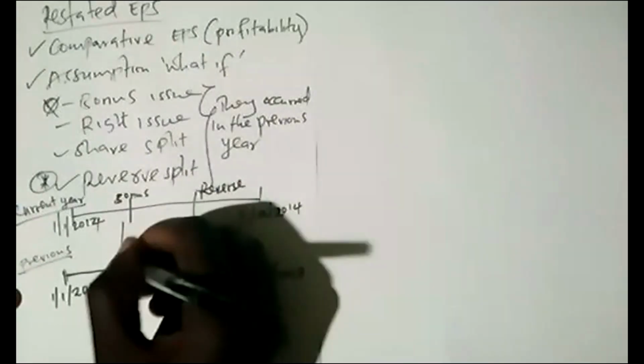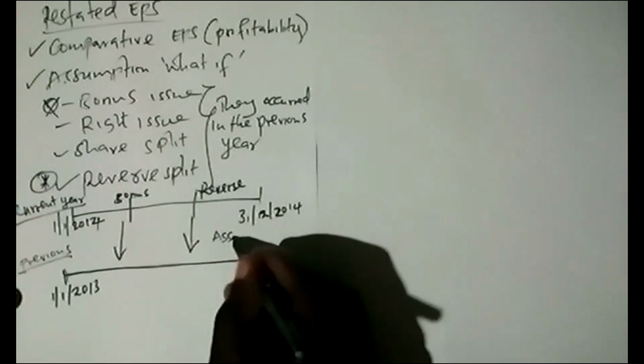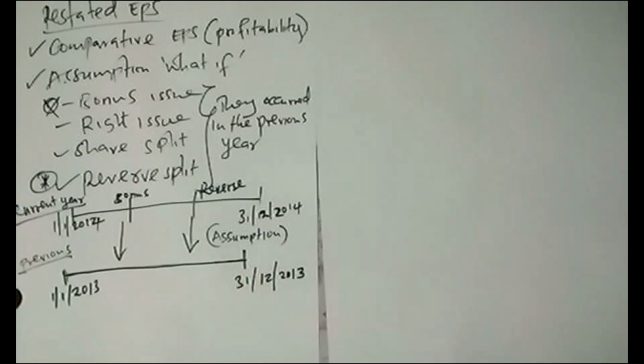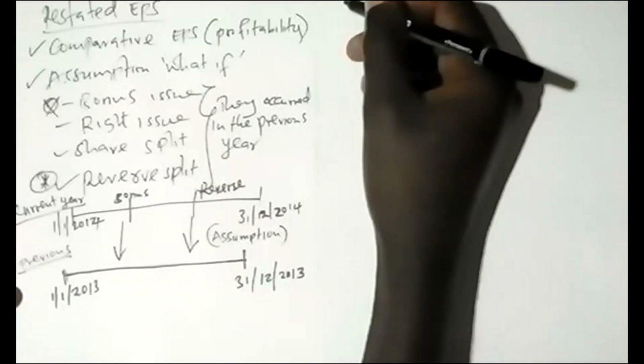Now you are restating with the assumption. So you will be doing your restated EPS with the assumption, what if they were there in 2013? That will change your weighted average number of ordinary shares in 2013. Let us do that. So restated EPS.